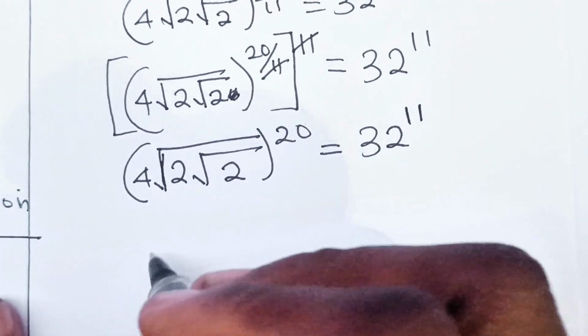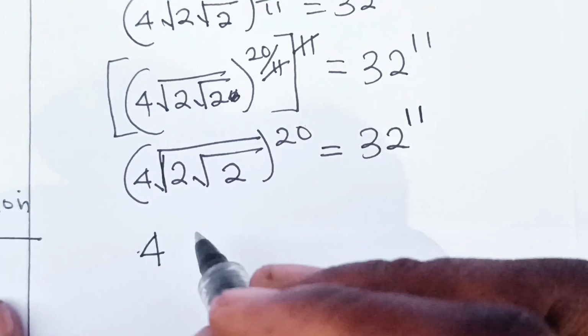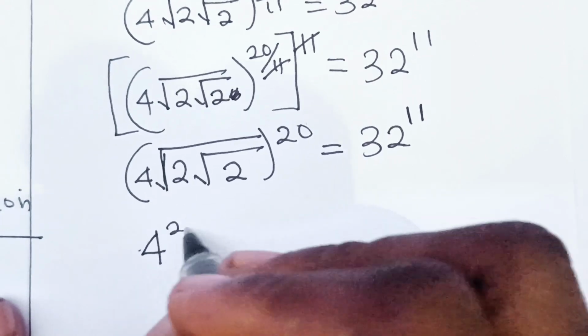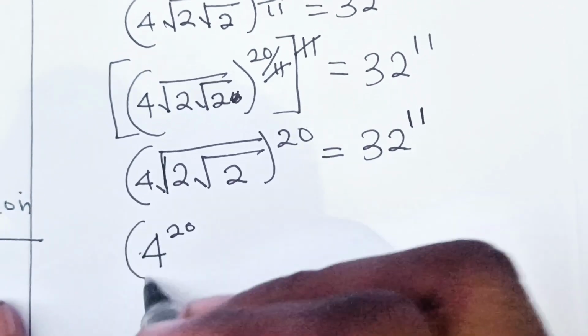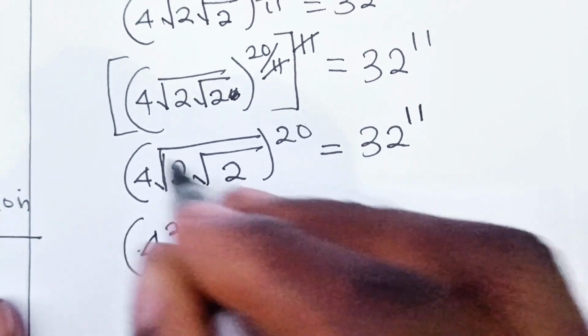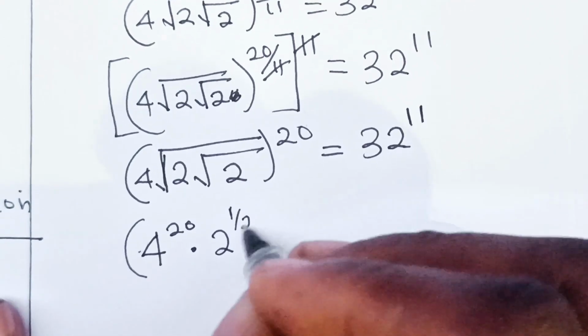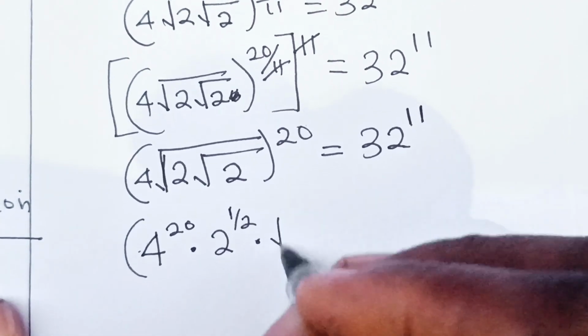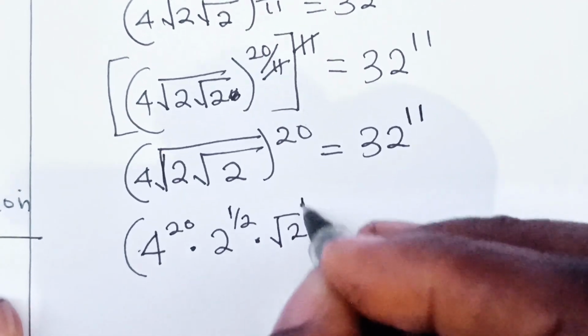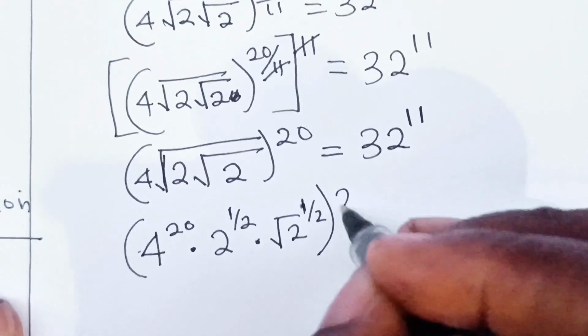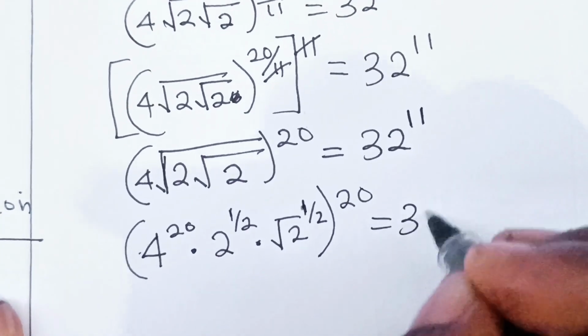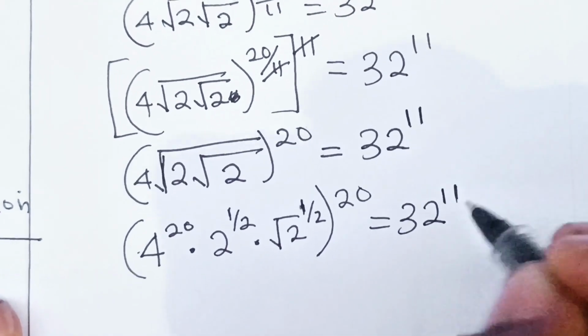Now this is same thing as 4 multiplied by, this is same thing as 2 to the power of half, and this is same thing as root 2 to the power of half, everything raised to the power of 20 is equal to 32 to the power of 11.